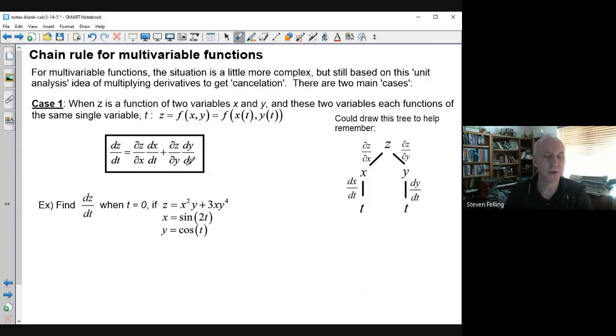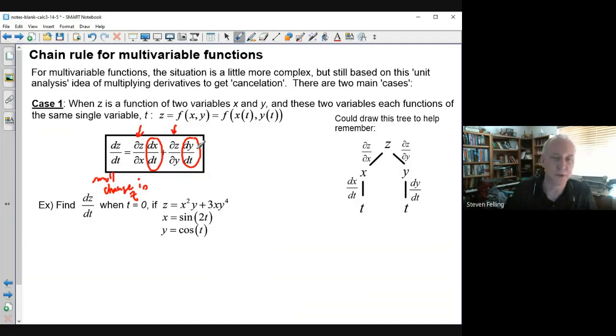And so you can sort of think of it this way, right? This is a small change in z, and it comes about because there's a small change in x and there's a small change in y. But these partial derivatives show how sensitive z is to changes in x. So it makes sense that you could take the amount of change in x and then multiply it by how sensitive z is to changes in x to get the change in z that's produced by this change in x when I change t, right?